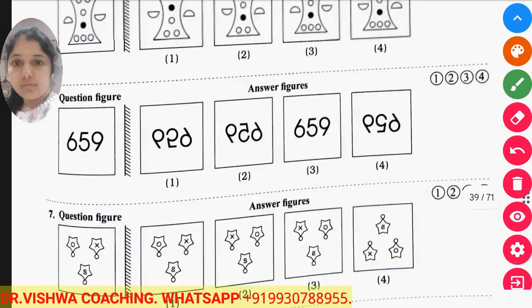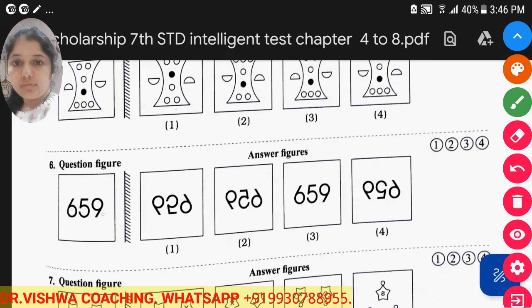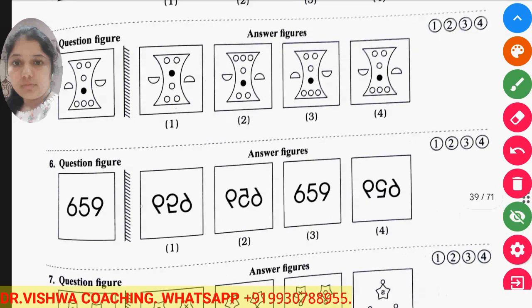I had shown so many sums for the water images. Here again this 9 will come like this, facing back, the mirror image of 9. Then 5, it will face towards the 9. No, it is facing towards the 6. So this is the wrong option. In this 2, 5 is facing towards the 6.